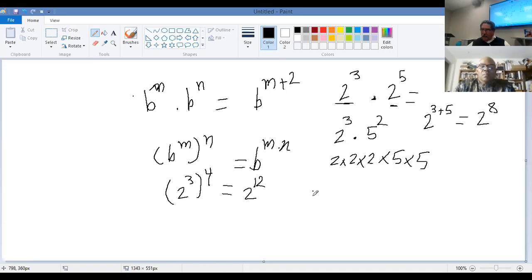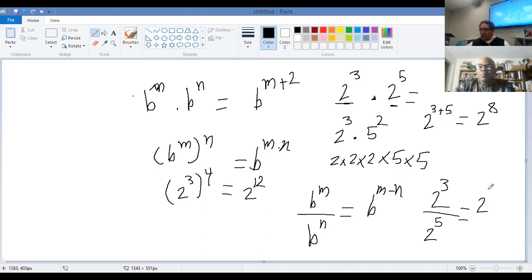Or if I have b to the power of m divided by b to the power of n, then the whole thing is equal to, again, remember, the b must be the same, b to the power of m minus n. If I have 2 to the power of 3 divided by 2 to the power of 5, it is the same as 2 to the power of 3 minus 5, which is the same as 2 to the power of minus 2.